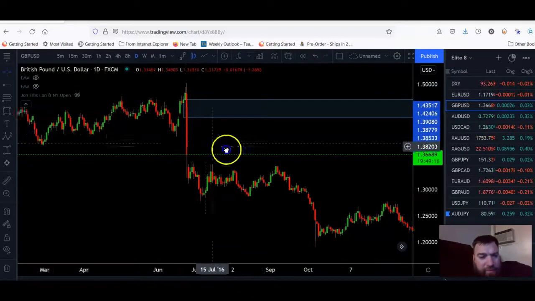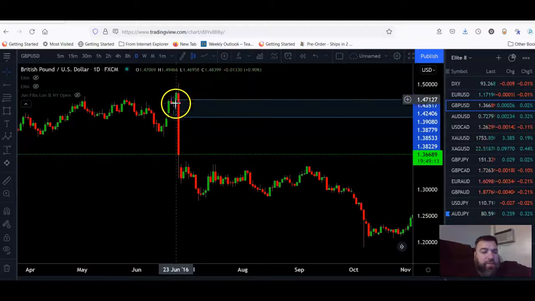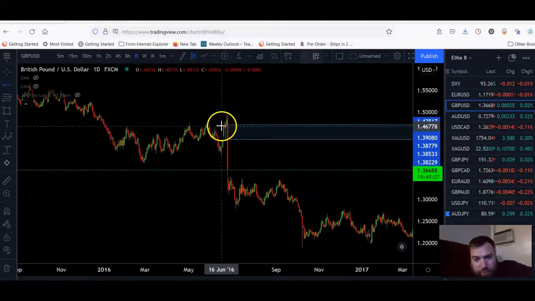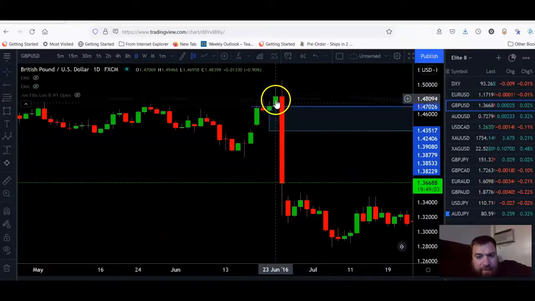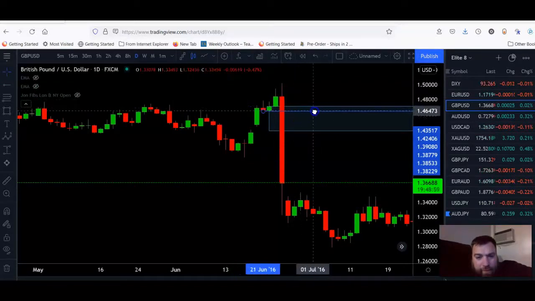Right here. This was Brexit news in 2016. So put a line right here, right on this last daily candlestick right here. Or you can put it right here. Yeah, right there.